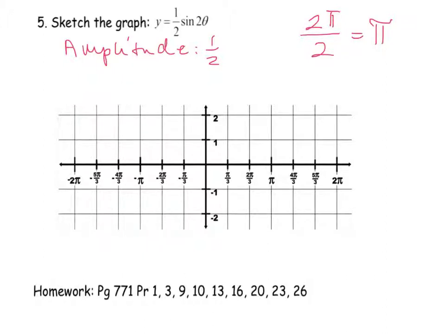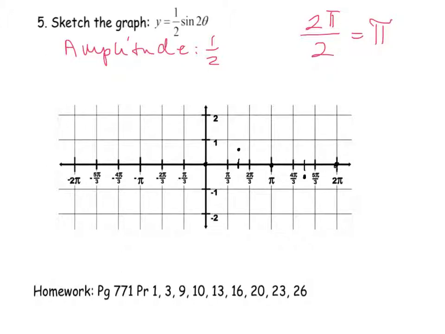So the first thing I will do is graph in black the graph which is 1/2 sine theta. So at 0, I have 0. At pi over 2, I will have 1/2. Then at pi, I have 0 again. At 3 pi over 2, I will have -1/2.